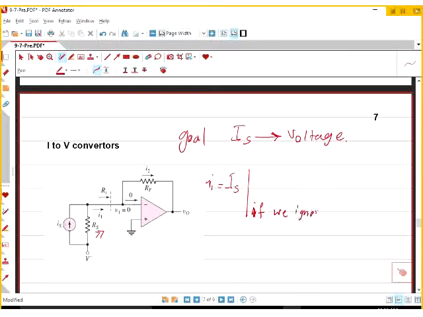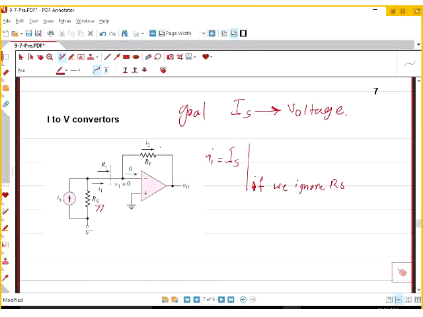If we ignore RS, so this is correct. And so we know that I2 is the same as I1, is the same as IS. And we know the I2 is minus VO divided by RS. This side is IS. So your output voltage is proportional to that current.